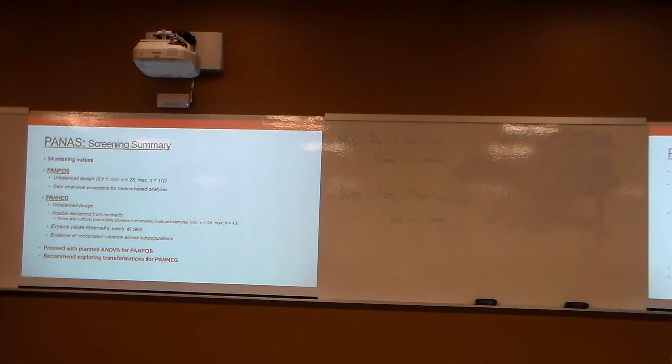There's just a lot of stuff, right? This is probably too much to just ignore and move forward without looking at other options. So for PANAS positive, I'd say sure, go nuts, move forward. PANAS negative, we probably need to look at different types of transformations, okay?